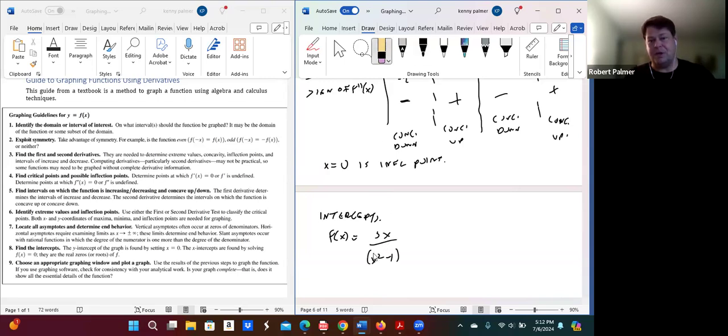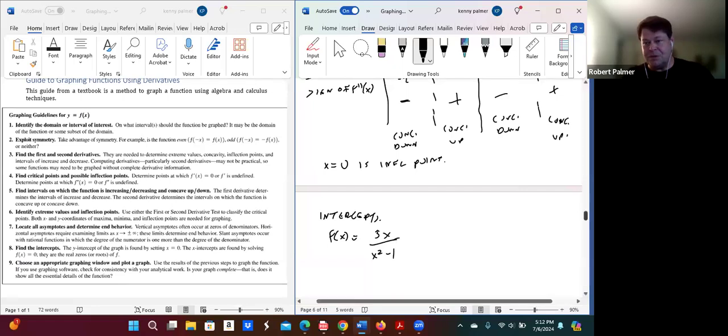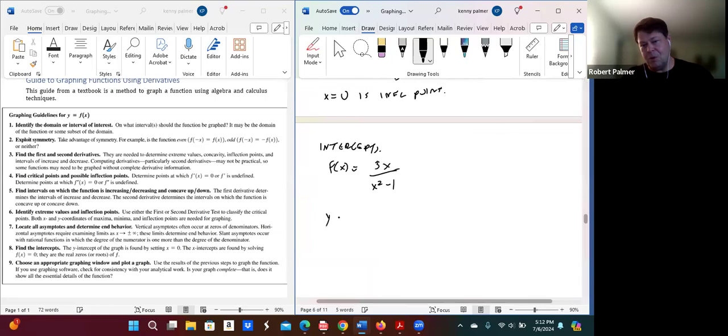The y-intercept is the easiest one to find. Plug in 0, so f of 0 is just 0. Plugging in 0 makes the whole thing 0. Then the x-intercepts, which could be plural: we set 3x over x squared minus 1 equal to 0.